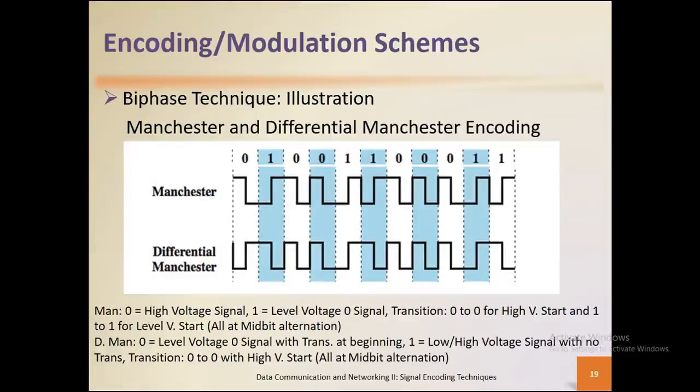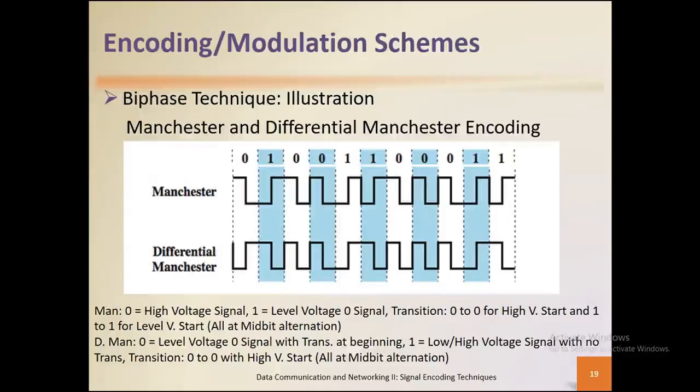A one bit is a low voltage signal, and all transitions are alternated at mid-bits.